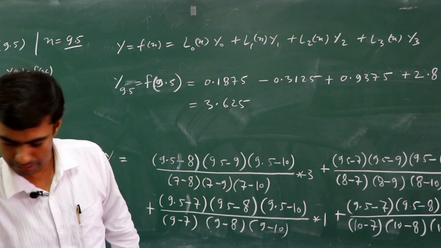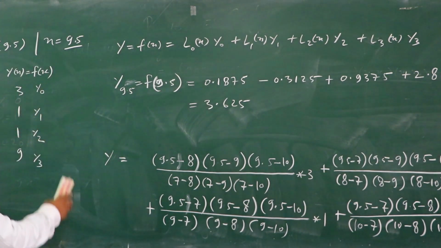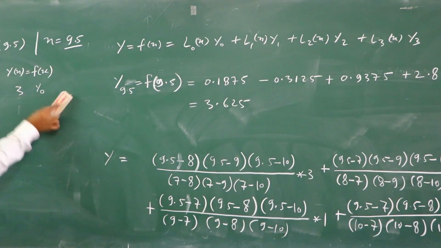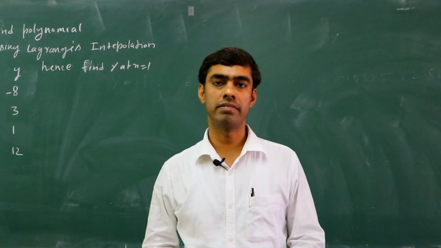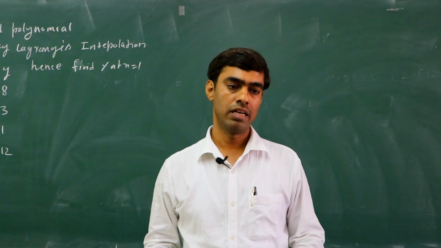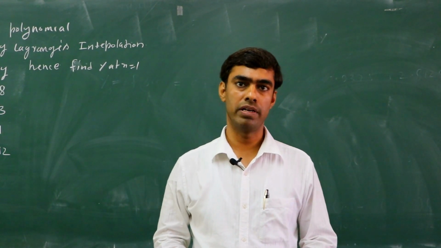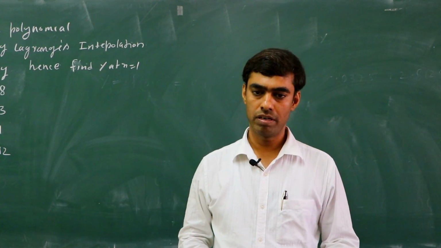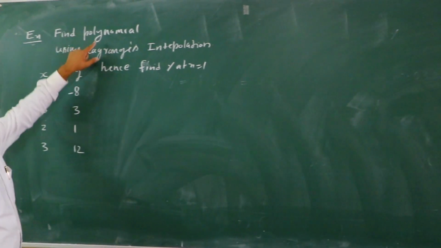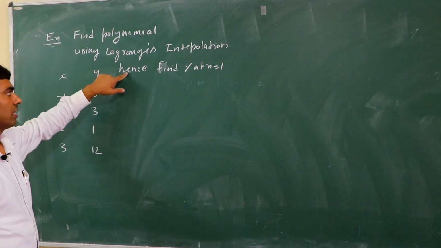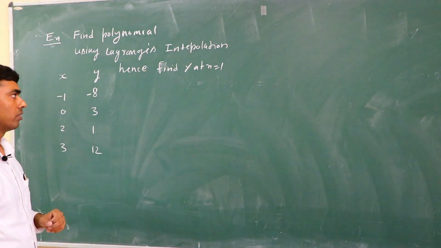So here we write another example and try to solve another problem using the Lagrange interpolation formula. In this example, find a polynomial using the Lagrange interpolation formula, hence find y at x equal to 1.